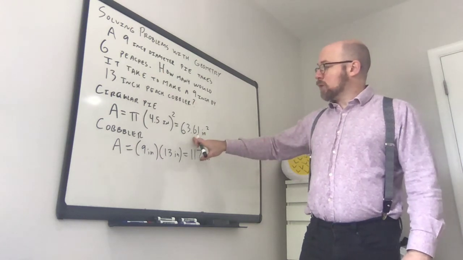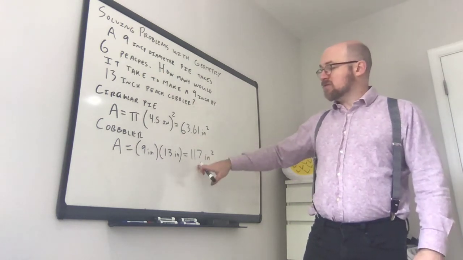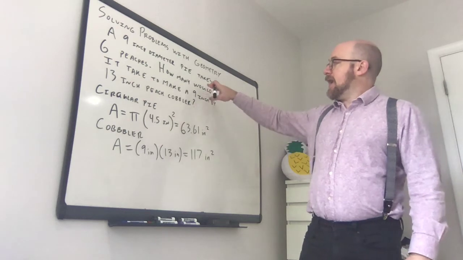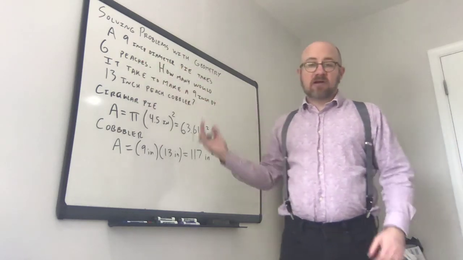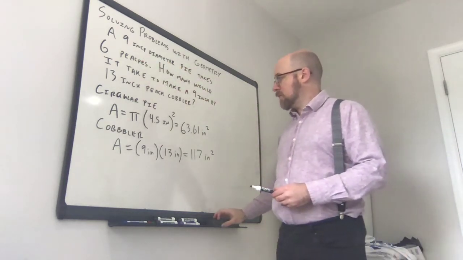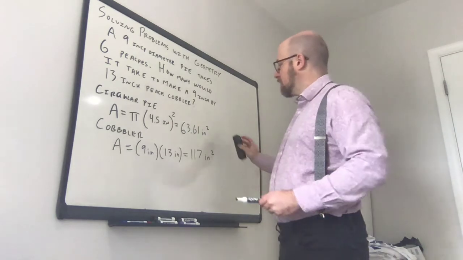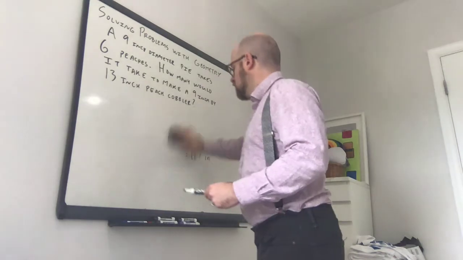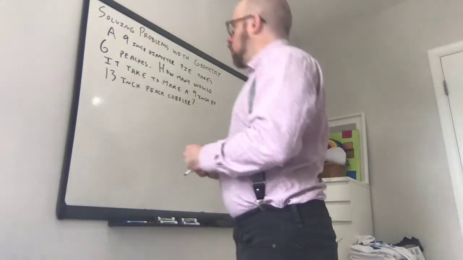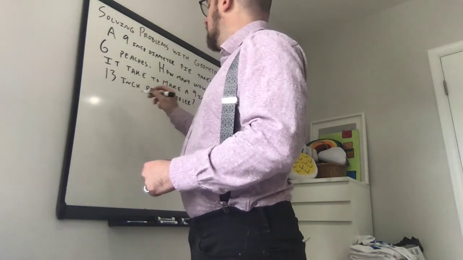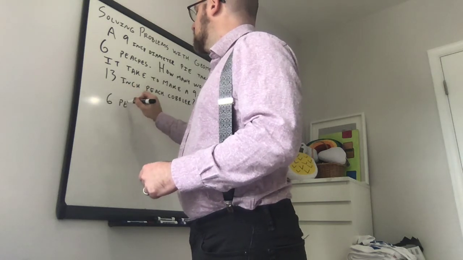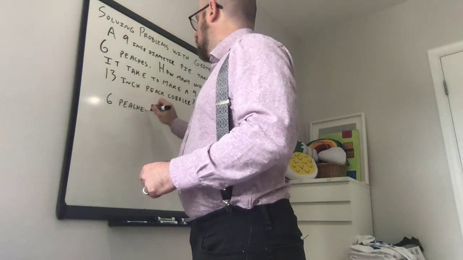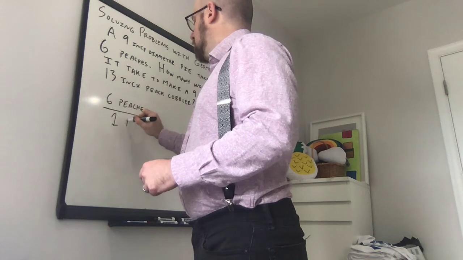Now we're going to use these two areas and the number of peaches to figure out how many we need for the cobbler. I'm going to erase these because I'm running out of space, but we'll use both these numbers. We know it's 6 peaches per 1 pie.